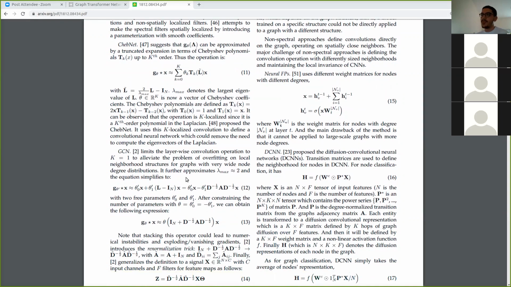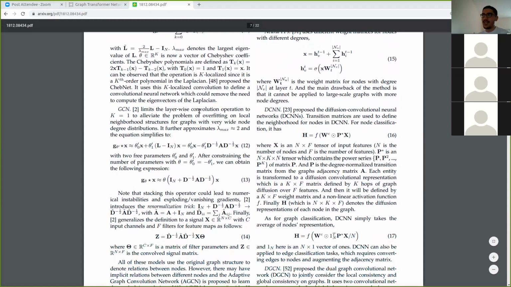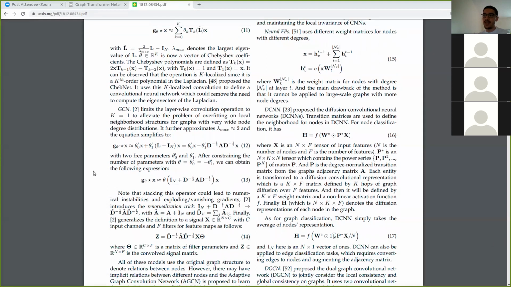So to move to GCNs, the polynomial order is restricted to 1. And some other approximations are made. Now, in terms of these approximations, I'm not sure exactly why they are made, other than they allow the model to be defined and be used in practice.